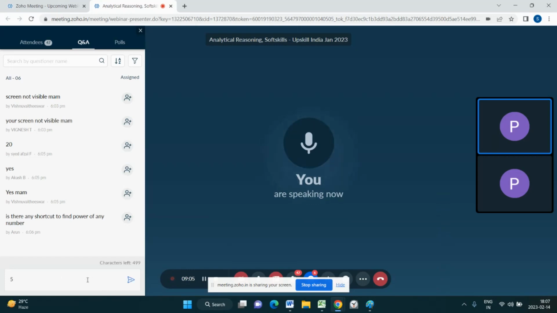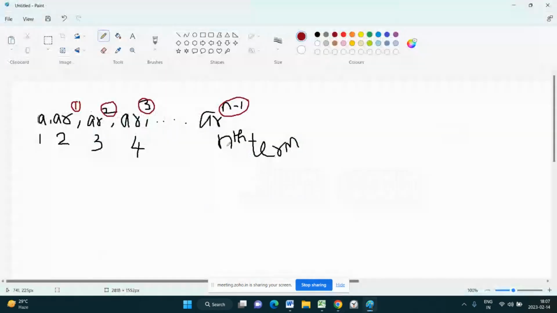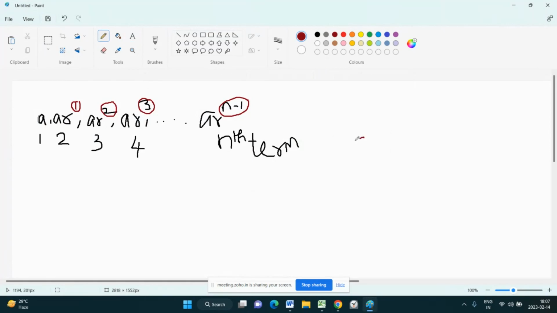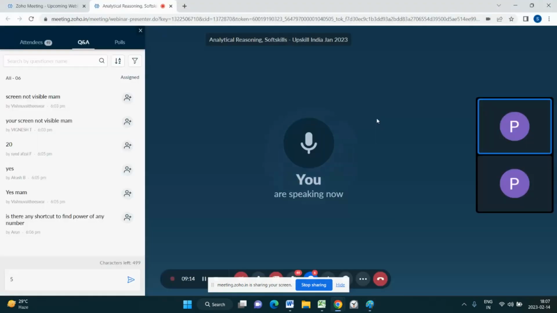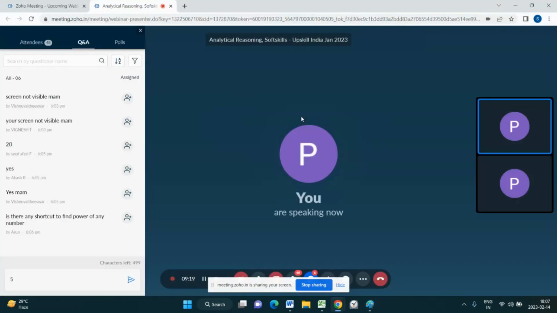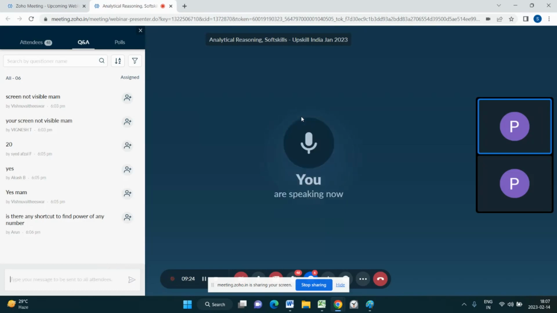If it is 5 to the power 2, maybe 5 to the power 20, you want to know this, right, Arun? How to find out 5 to the power 20?